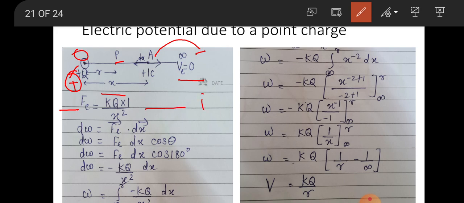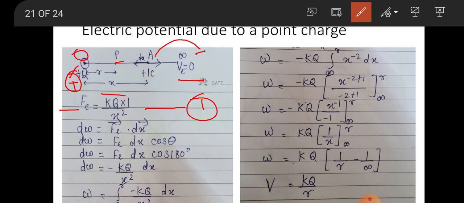So we got this equation according to Coulomb's law: Fe is equal to kq upon x square. Now what I'll do is bring that charge from point A slightly towards the point P. Again I need to do a small amount of work to move that charge from point A to a certain distance.